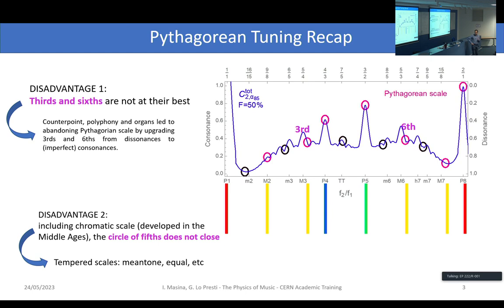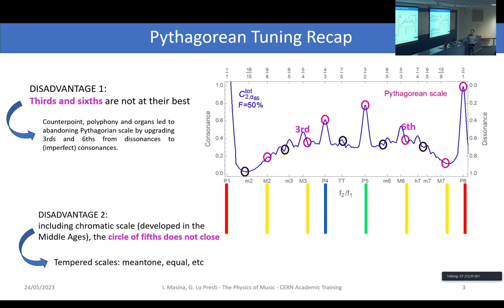So the story here, for whoever was not present, is that we recreated the Pythagorean tuning, which is a very classic tuning based on fifths. And we tried to see how it matches with our model, so that we see where it works and where it does not really work.